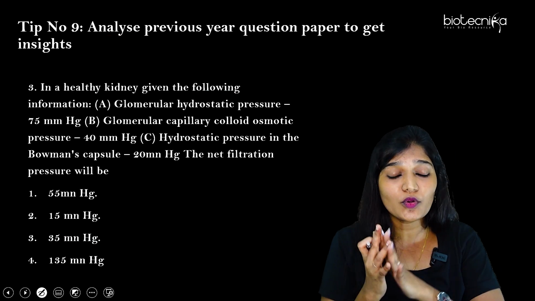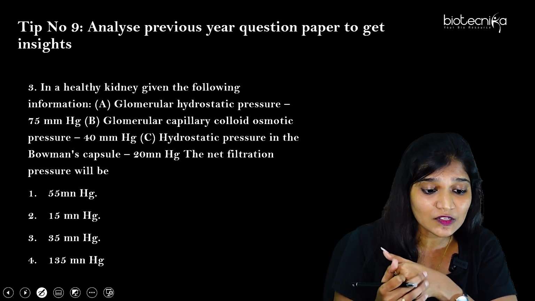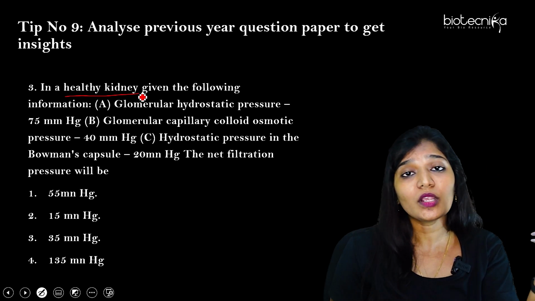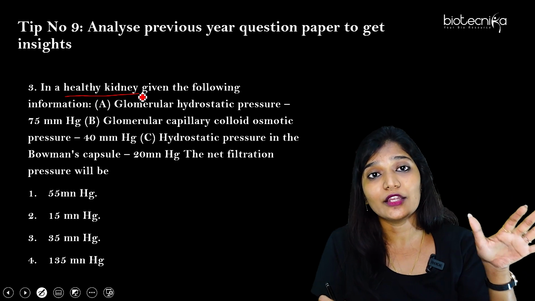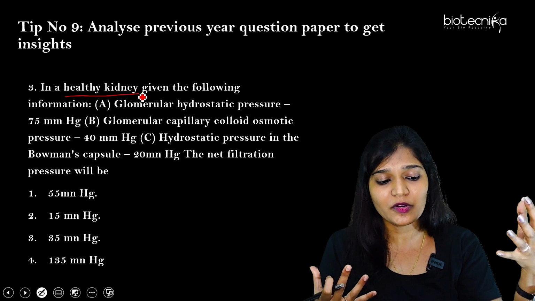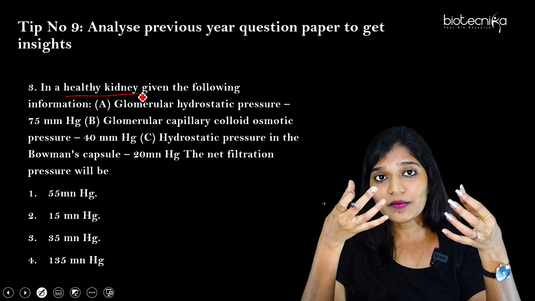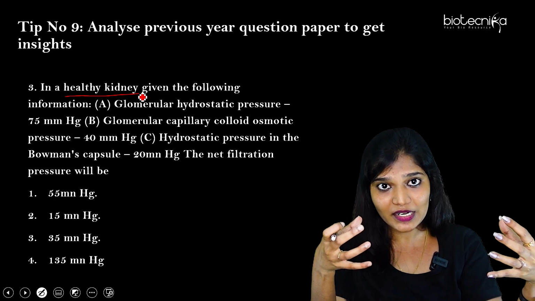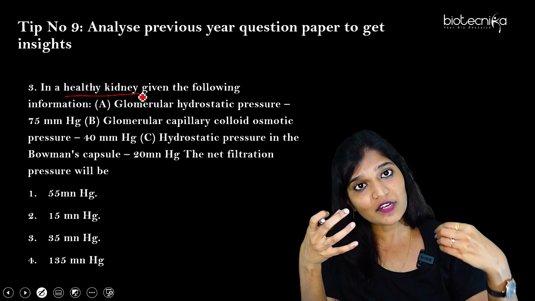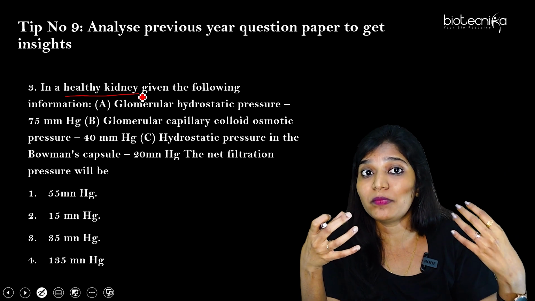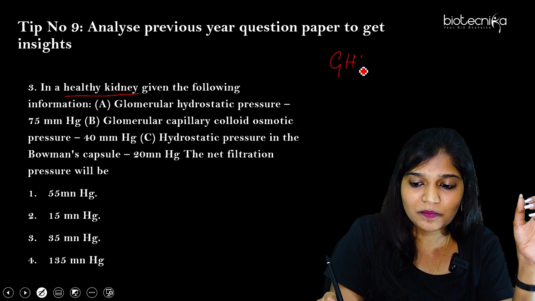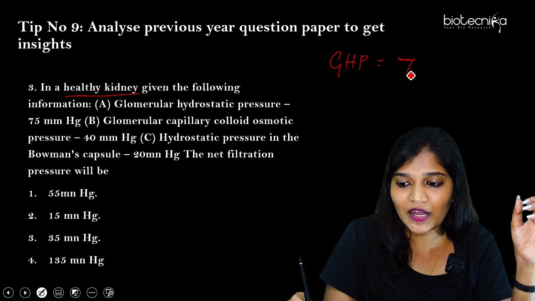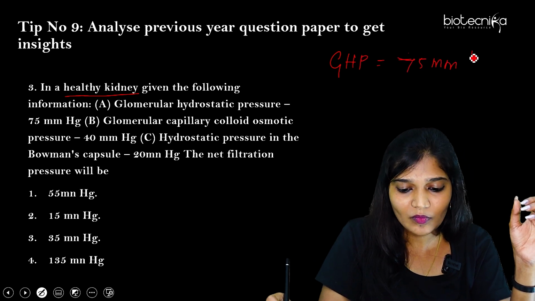The next previous year question paper which will give you an insight is in a healthy kidney, excretory system again. Here they have given glomerulus hydrostatic pressure. It's very simple: the pressure that is created when the blood is filtered in the glomerulus. Since it comes from the afferent arterioles, there is some pressure created by the incoming blood. I'm writing GHP as 75 mmHg.